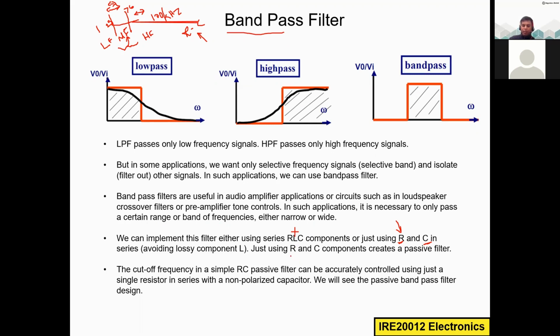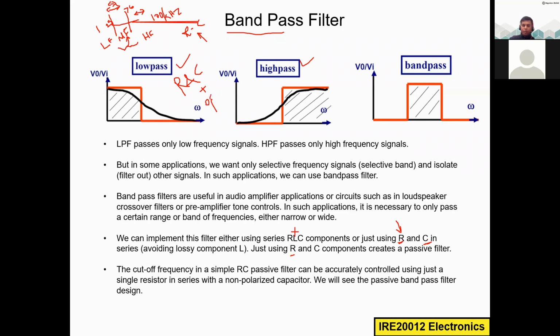We already know how to design low pass and high pass filters by using R and C components. In addition, we can also use some kind of amplifiers, which can be operational amplifiers or transistors.